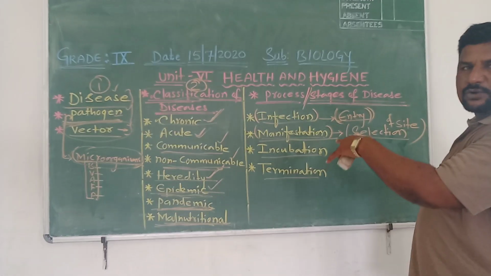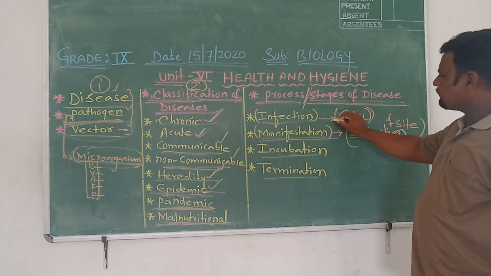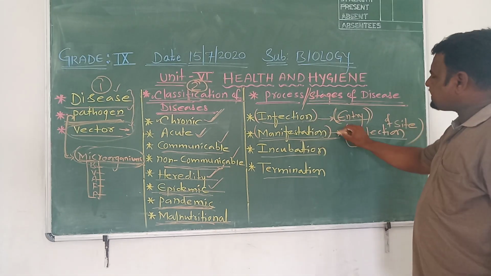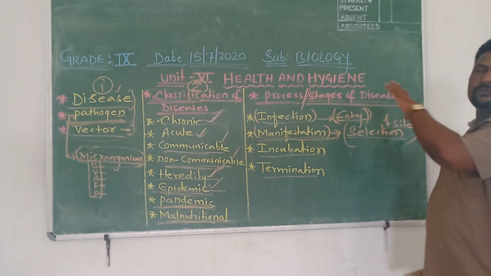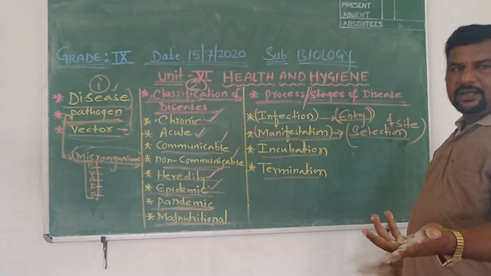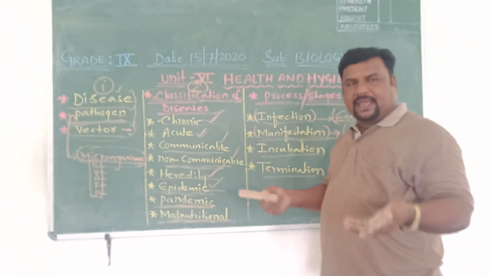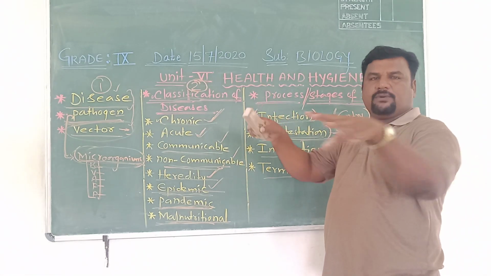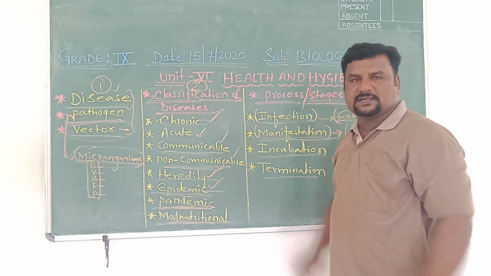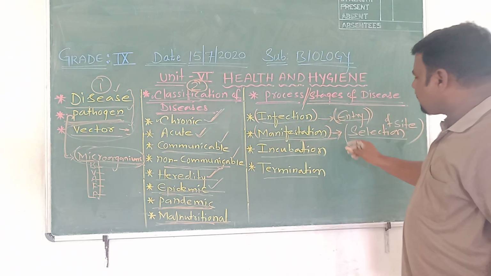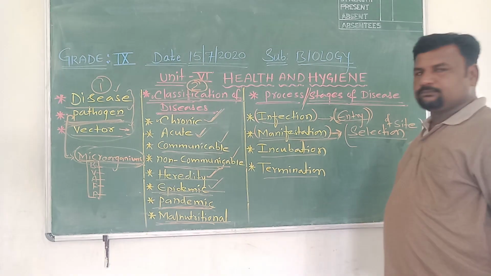During manifestation, the pathogen selects the site and settles down there. Maybe it will be blood, liver, brain, lungs, kidney, whichever organ the pathogen likes, there it will go and happily settle down. That stage we call manifestation.